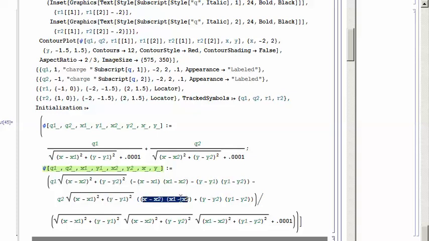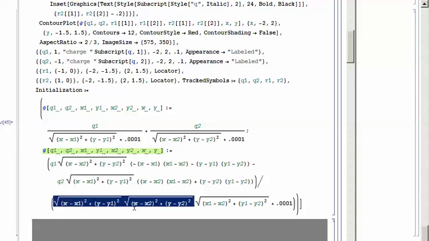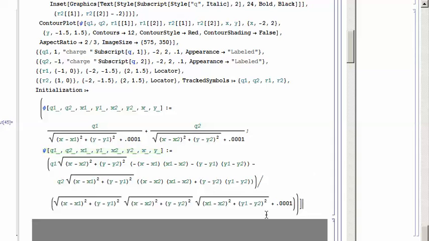I think he does apply this little cheat again by adding 0.0001 to those numbers so that it does not go to infinity at the 0 point, and Mathematica can give a better representation of the answers.